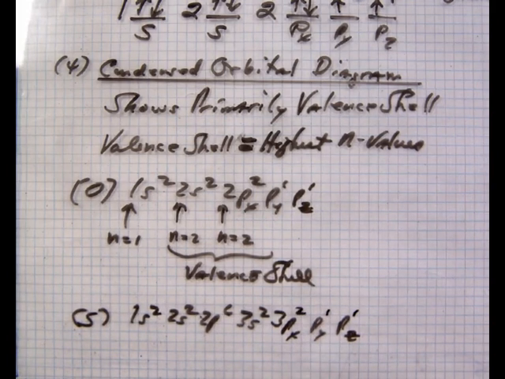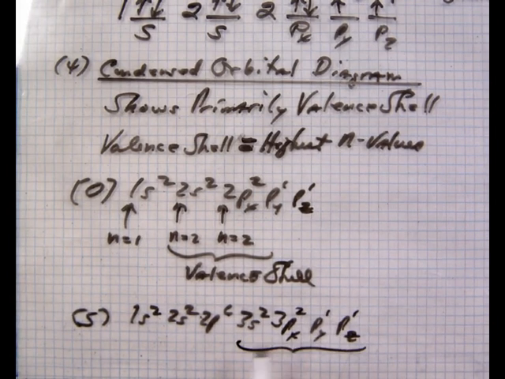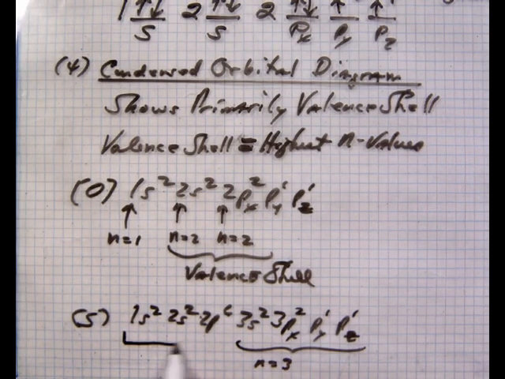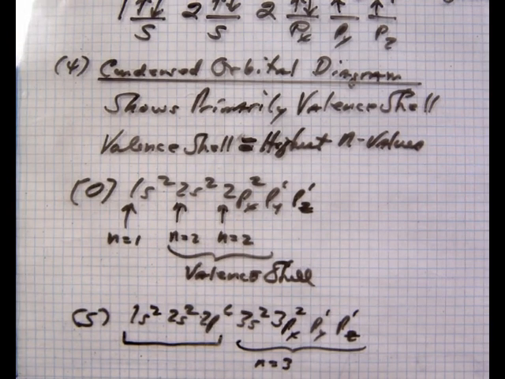So there's sulfur right there. Where's this valence shell? Well, it's the third level. N equal 3 is the valence shell. Now, we're not interested in anything that has to do with the core. If I go to subsequent elements, it just gets longer, right? You understand that? You start getting longer and longer strings of s, p, and d. This part of the element is the core structure.